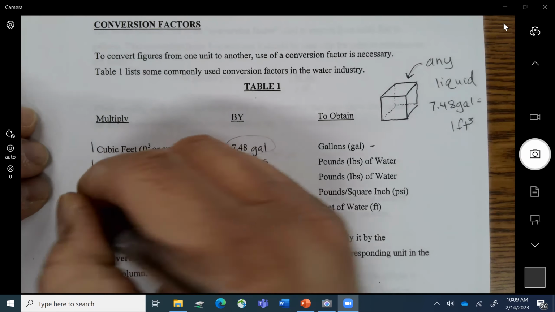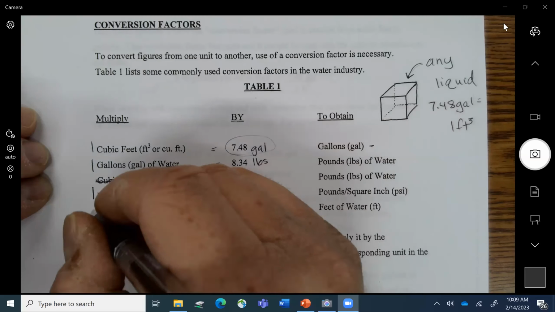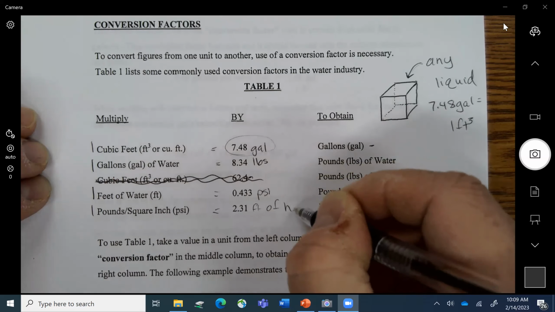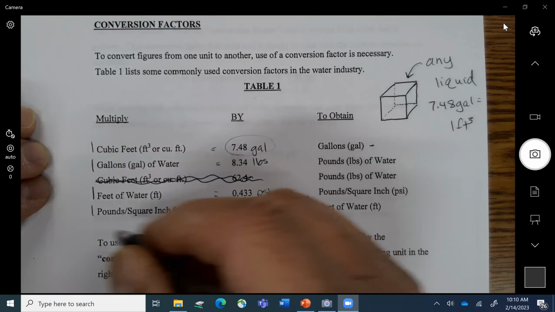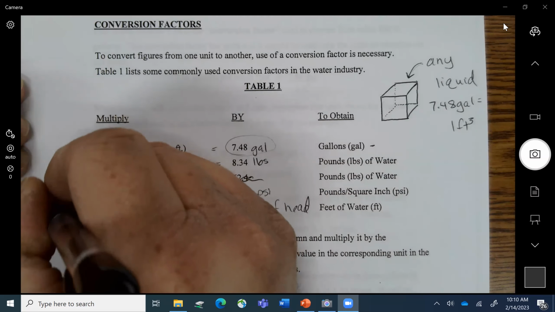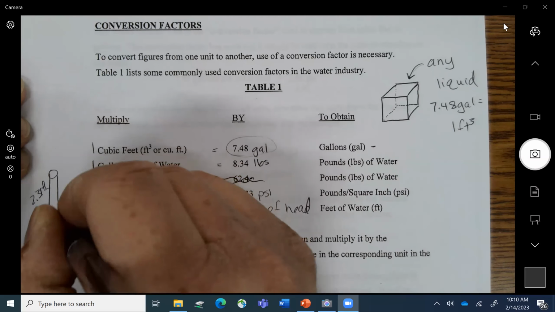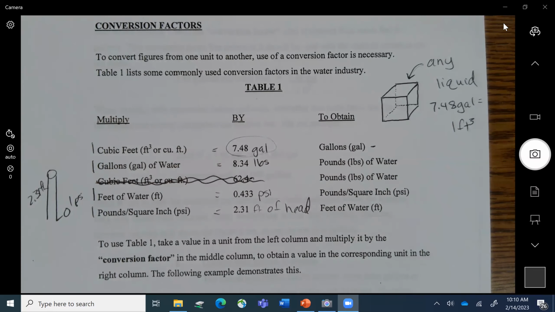And these are hydraulic terms. 1 foot of water equals 0.43 psi, and 1 psi equals 2.31 feet of head. And it basically just means that if you have a tube that's this high, 2.31 feet, there's going to be a head here of 1 psi. Okay, that's it. We're not going to talk about that any further than that.